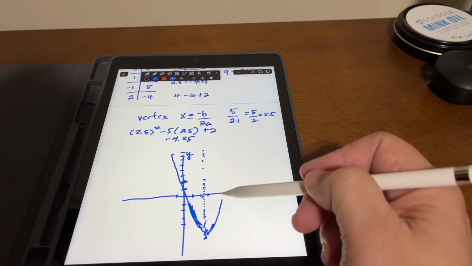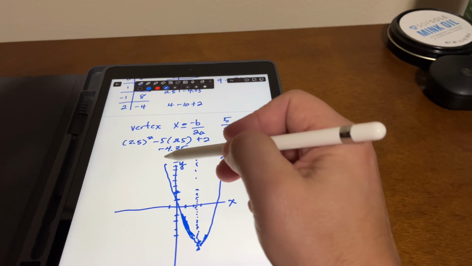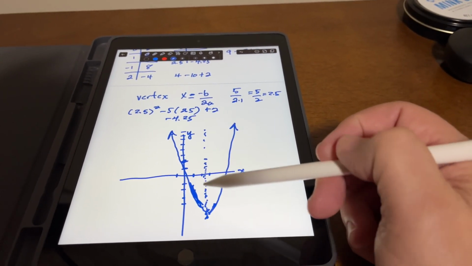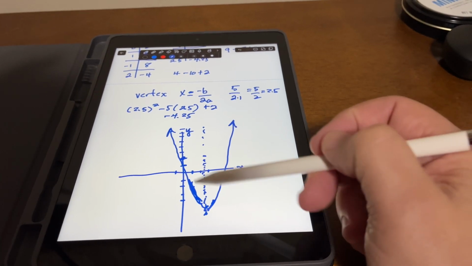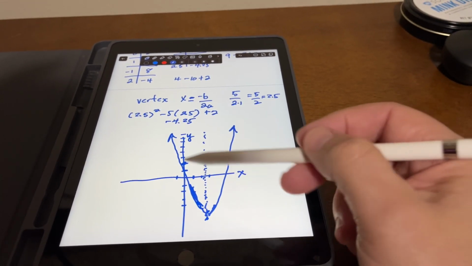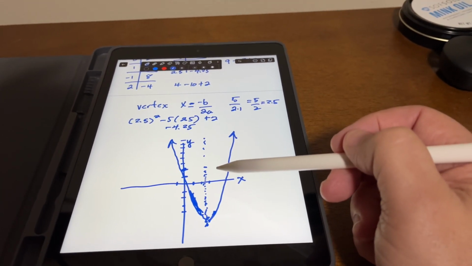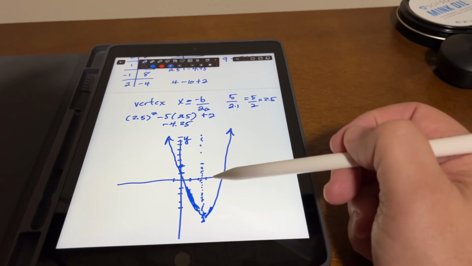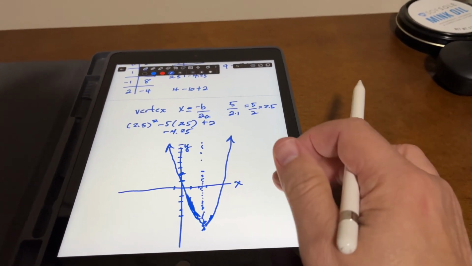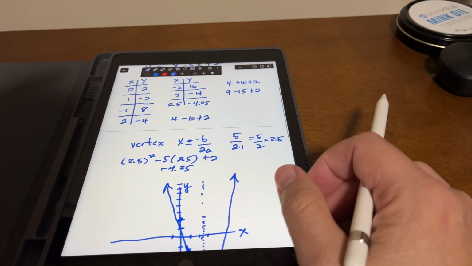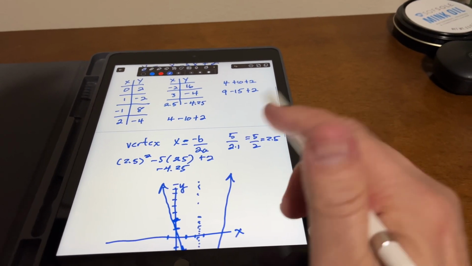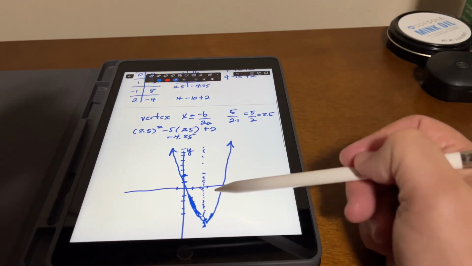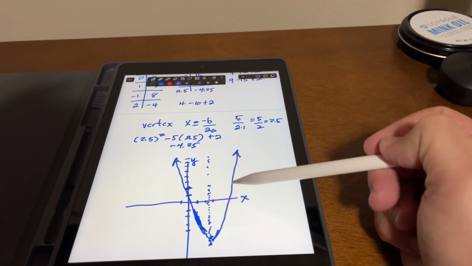So I could kind of sketch this out the rest of the way. And if I wanted to be perfect, if my teacher wanted to see proof for all of this, I'm doing this symmetrically. So I know it does look like this, but what I could do is pick some x values that are over here. So if I picked something to the right of 2, well, there's 3. So if I picked 4 or 5 or 6, I would get the values that are going to plot over here.